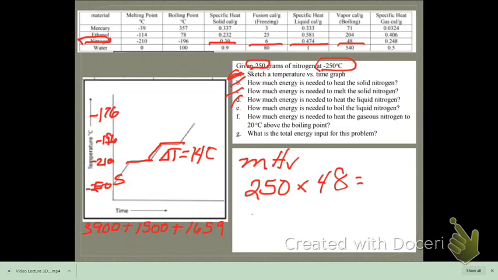So clear your calculator. 250 times 48, which should equal 12,000 calories. So now I'm just adding 12,000 calories to my list. Okay, we got one more to go.